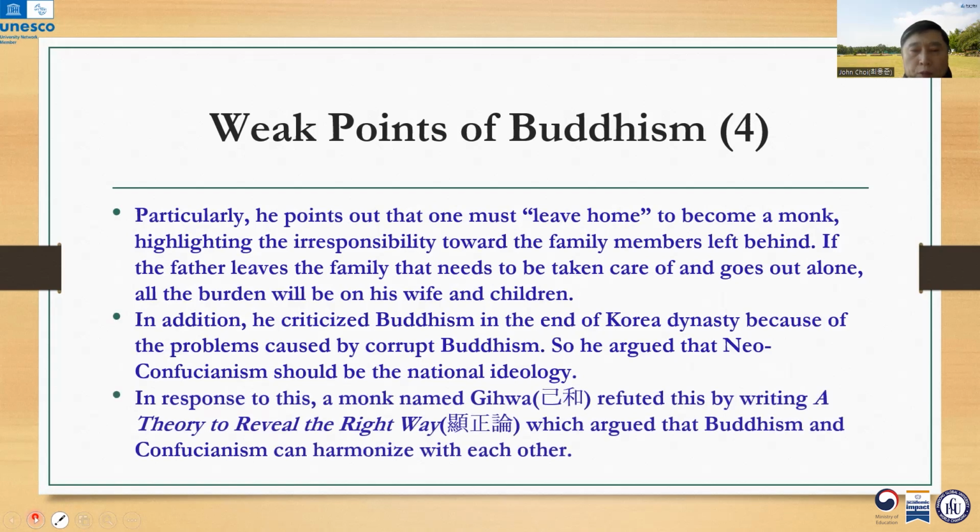In response to this, however, a Buddhist monk named Ki Hwa refuted this by writing a theory to reveal the right way, Hyun Jung Non in Korean, which argued that Buddhism and Confucianism can harmonize with each other.